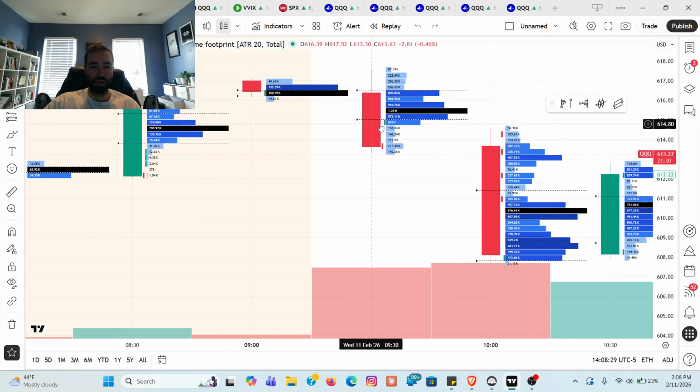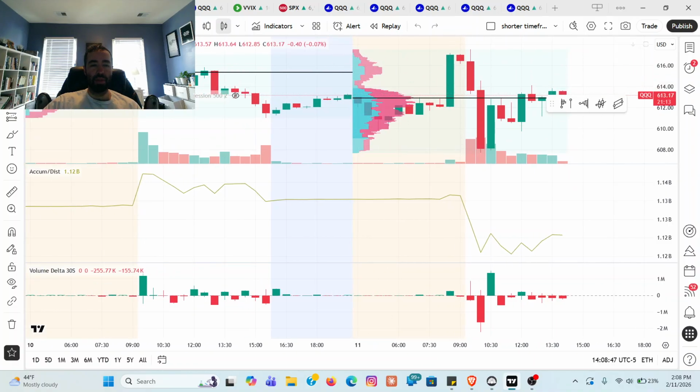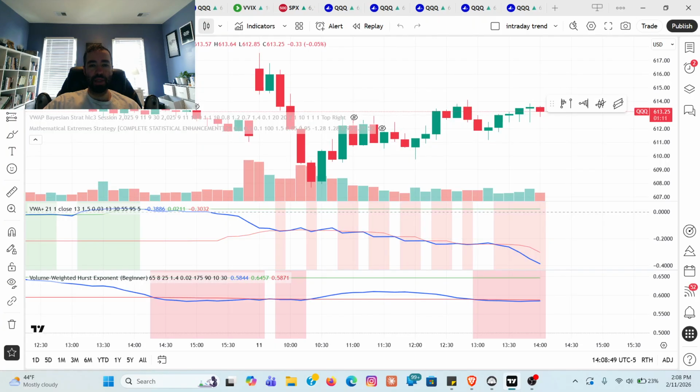I was able to get that bounce for about $1, which was what I was targeting. I think we were in a P distribution at the time with the volume profile, so that was another logic to go long there.